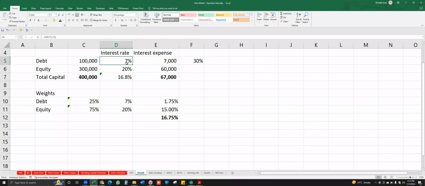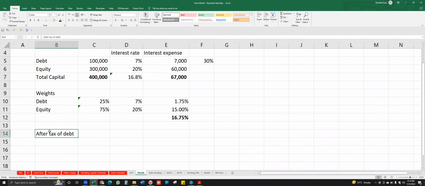It should always be adjusted for tax, the after-tax cost of debt, because debt helps you reduce your taxes. So you will not pay 10,000. Obviously you cannot say my cost of debt was 10%. You will say my cost of debt was 7% only.